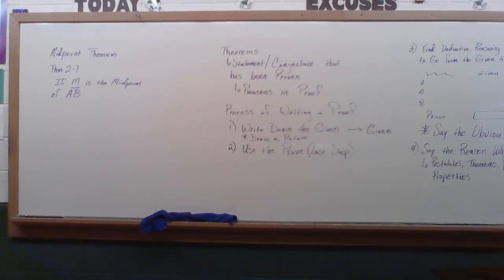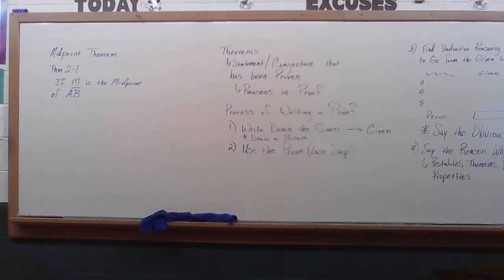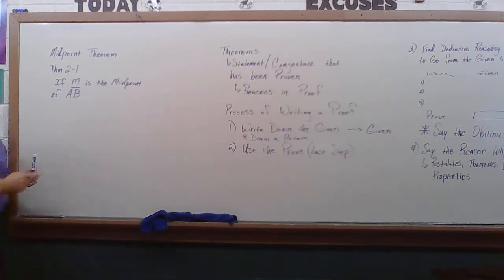Sometimes the book does this. Sometimes I don't like this book because they do too much for you. I would rather you actually draw the figure, and they'll say that things are congruent to each other, so you would put the little slashes on them, you know, the little red slashes. But sometimes the book does that for you. I'd rather you just do that, but they don't do that for you. So try to draw a picture or some kind of figure as you're doing this.